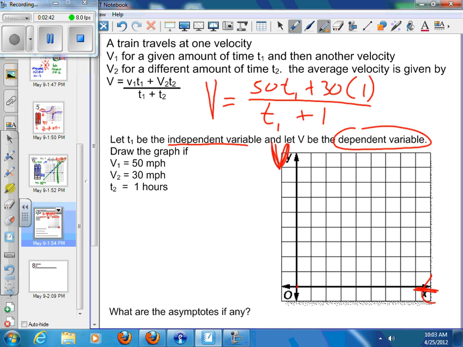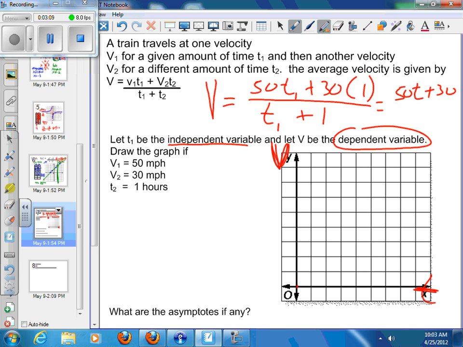So first things first, what is our asymptote, if any? Well, we've got this T plus 1 on there. We don't know if it factors out. If we look at the top of our fraction, we've got 50t plus 30, and it's not like we can factor out the same number and end up with a t plus 1.